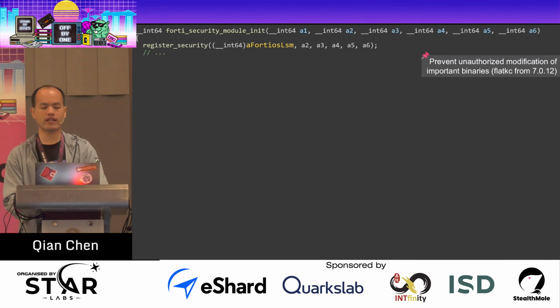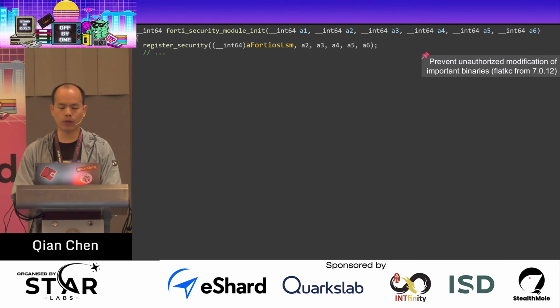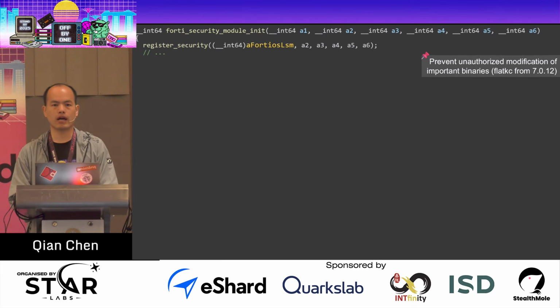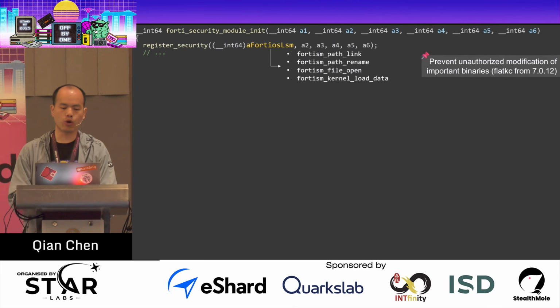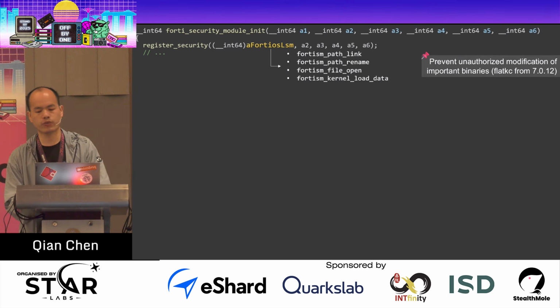The first purpose is to prevent unauthorized modification of important binaries. Within the kernel, a function named FortiSecurity Module Init calls register_security. The first parameter of this call includes a structure containing security operations such as FGSM path link, FGSM path rename, and FGSM file open.